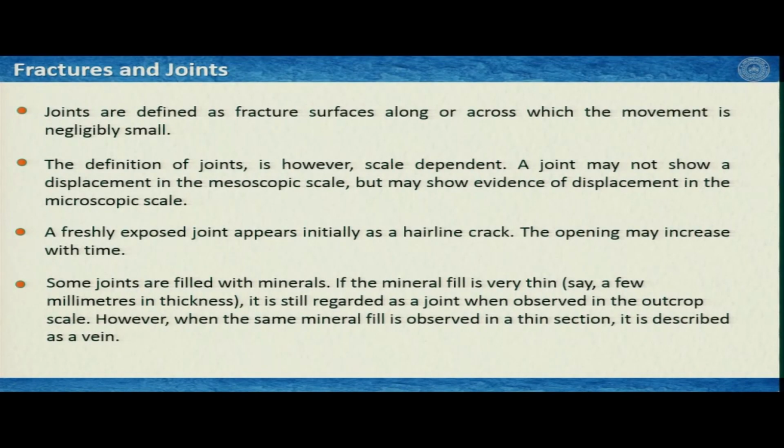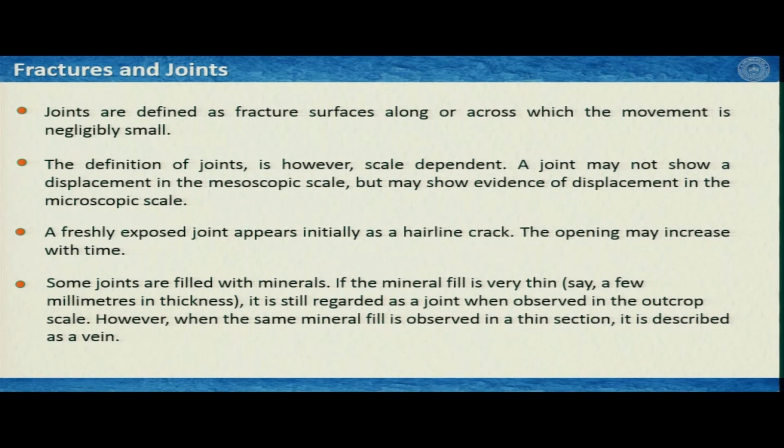In this context, joints, in contrast to fractures, are generally fractures too, as we will see, but they are defined as fracture surfaces along or across which the movement is negligibly small. So, you just produce a fracture, but there is no displacement or very little displacement along the fracture planes.